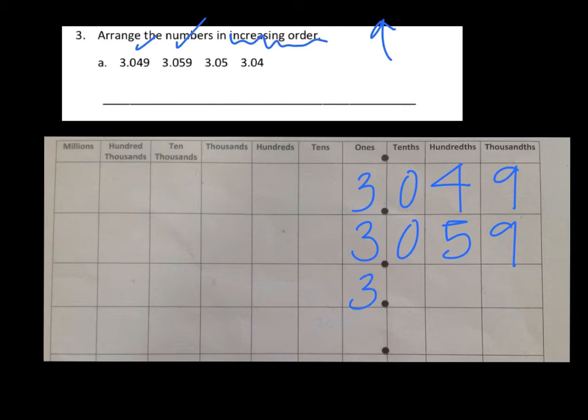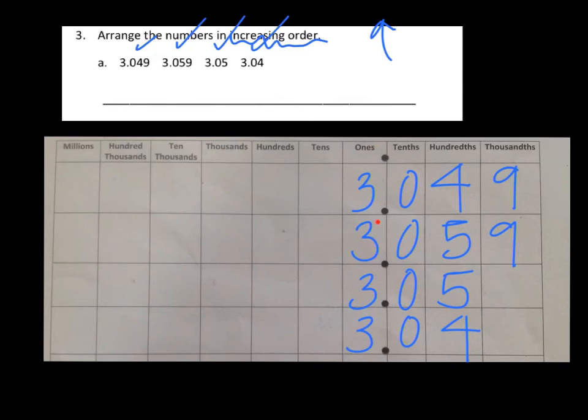So I'm going to start with 3.049, check. 3.059, check. 3.05 and 3.04. Now I'm going to do the same kind of strategy that I did for problem 1.